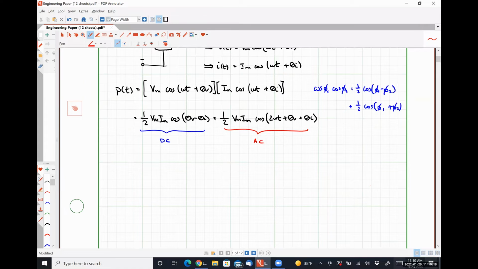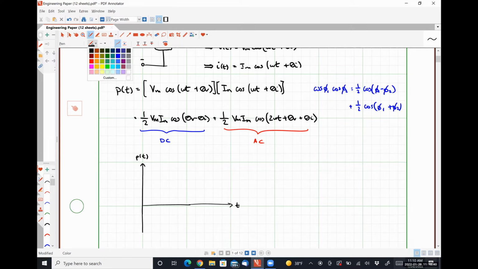So if I were to plot power as a function of time for a generic waveform, it might look something like this. So this is P of t, this is t. So I have some DC value here.